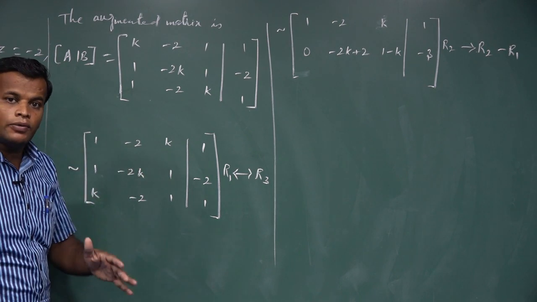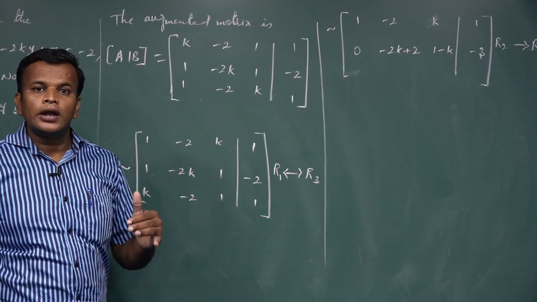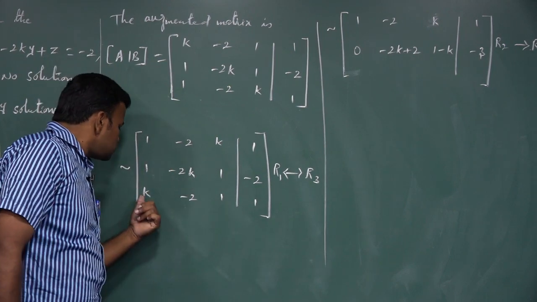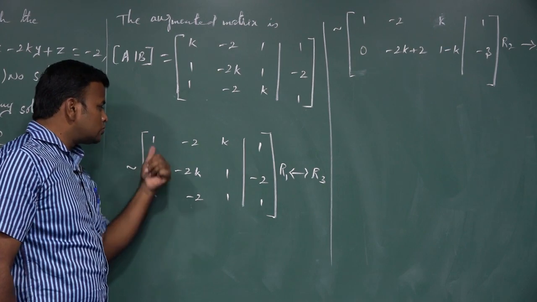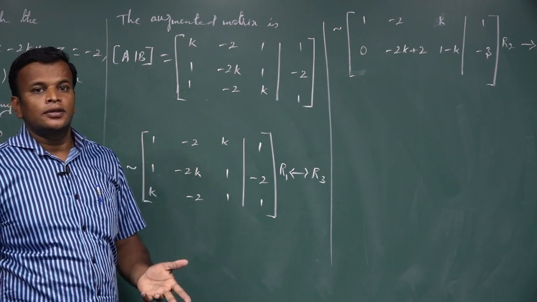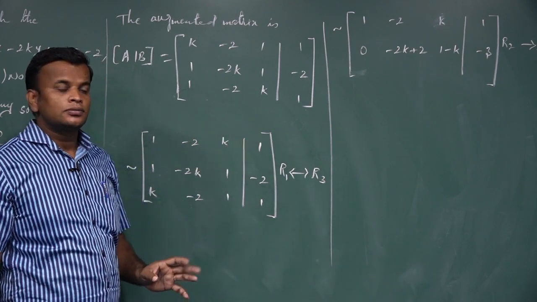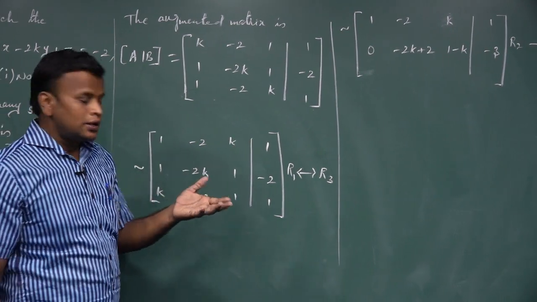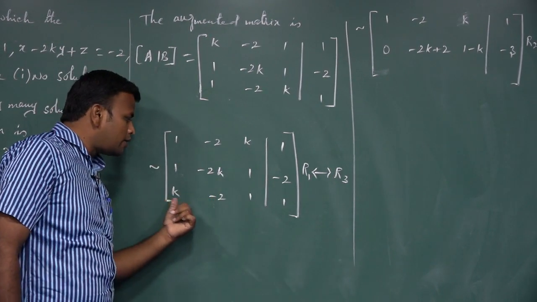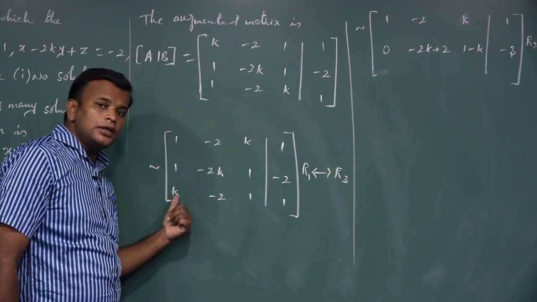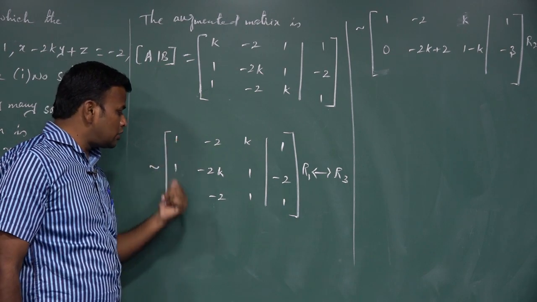Our motive is to convert that element to 0. So this element also needs k, but 1 is there. So the first row is fully multiplied by k, suppose. So the number 1 becomes k. Then k minus k becomes 0. So how to write R3? We write R3 as R3 minus k R1.